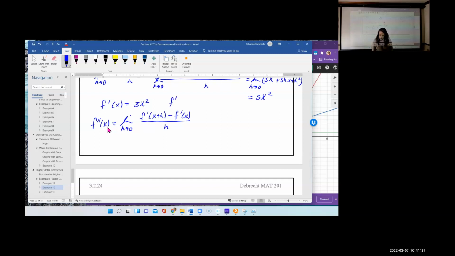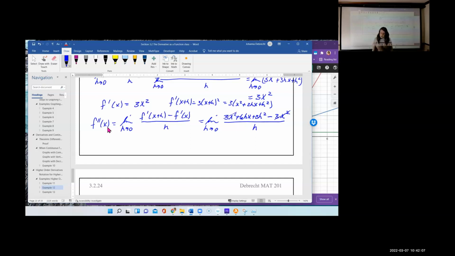So f prime of x plus h is 3 times x plus h squared, which is 3 times x squared plus 2hx plus h squared. So I have the limit of 3x squared plus 6hx plus 3h squared minus 3x squared, all over h.